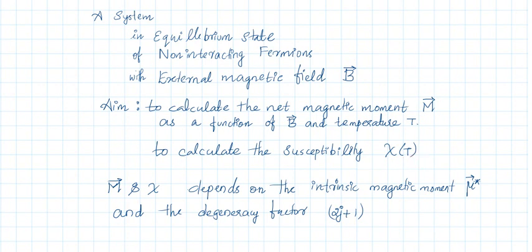If the net magnetic moment M is opposite to the external magnetic field B, then susceptibility chi will be negative and the phenomenon is known as diamagnetism. The value of M and chi will depend on the intrinsic magnetic moment mu star as well as the degeneracy factor 2j plus 1. Okay, I will explain one by one.